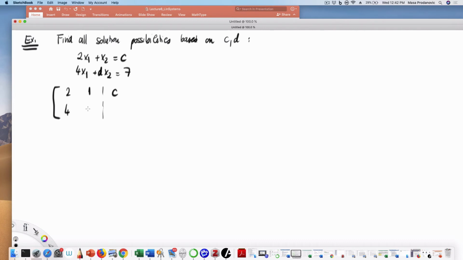So 2, 1, c, and 4, d, 7 is my matrix. And then I'm going to replace this row with what? Plus or minus? What do you pick? In these cases, you can pick, do you want -2 row 1 plus row 2 or 2 row 1 minus row 2?